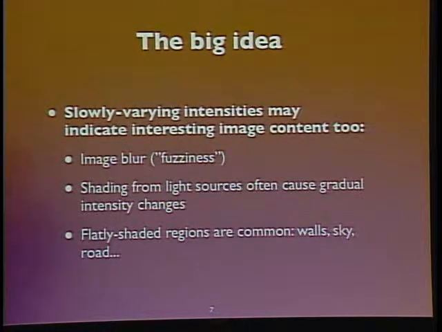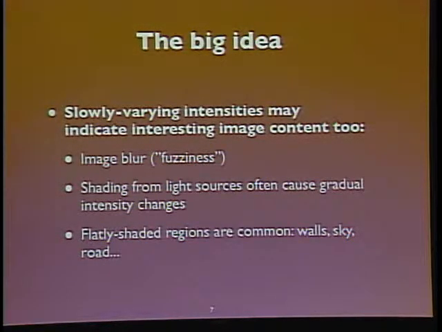One of the things that I pointed out is that you, with your highly evolved, highly trained brain and eye system, were probably able to pick up the fact that it was taken with a flash because on the white background of the wall, there was a very bright white spot that faded gradually into dark. So that's another example of gradually changing image intensities, from white, white, white to darker, darker, darker. That tells you something interesting about the contents of the image, and therefore you might want to keep track of it.